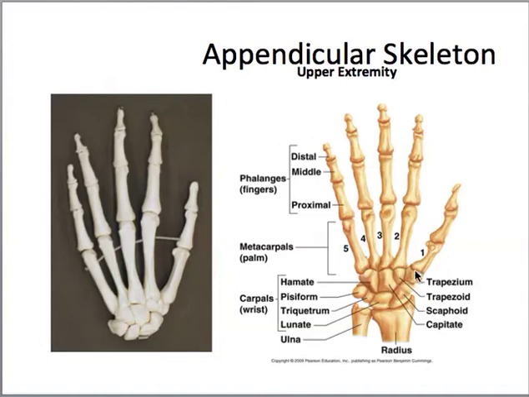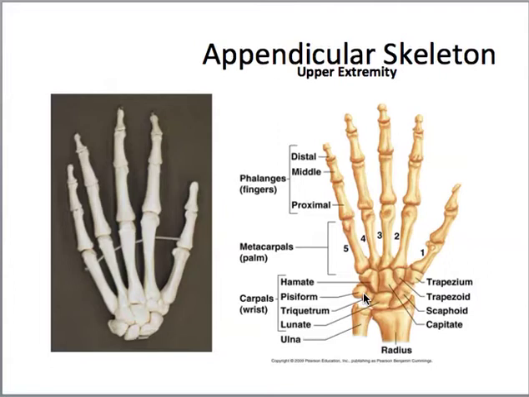So trapezium, trapezoid, capitate, hamate make up what we would call the distal row of the carpal bones. As we go more proximal towards the body trunk, you can see the scaphoid. Over here is the lunate. This is the triquetrum, and this is the pisiform. This would be looking at, again, the front of the hand.